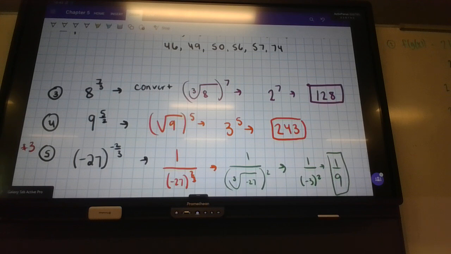So please, when it says evaluate without a calculator or without technology, you will still have a calculator, but you have to justify the steps of how to start with the problem and get to the final answer. There's a negative exponent, and there's a problem with the negative exponent.